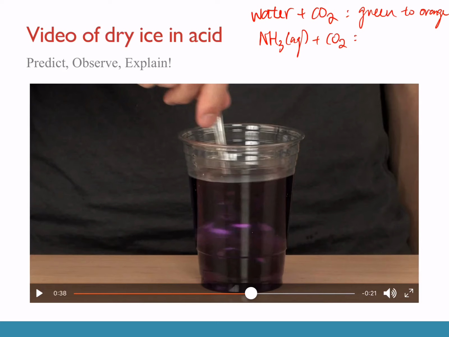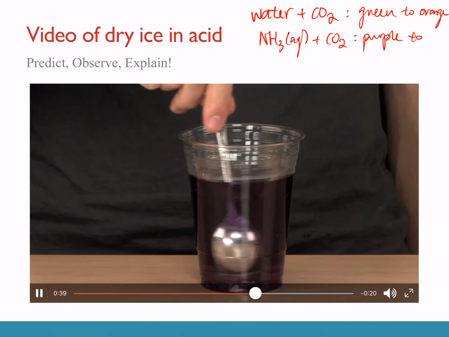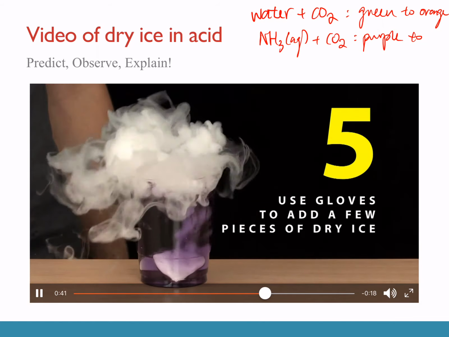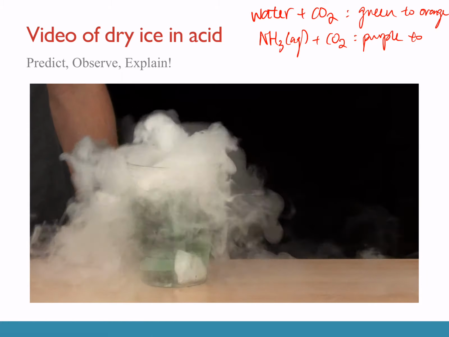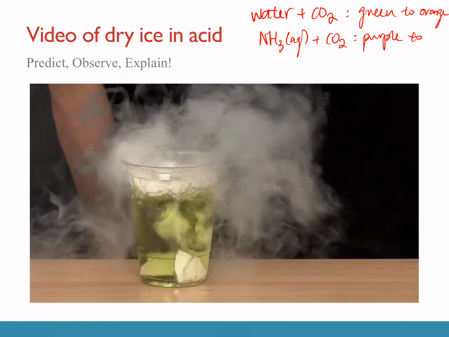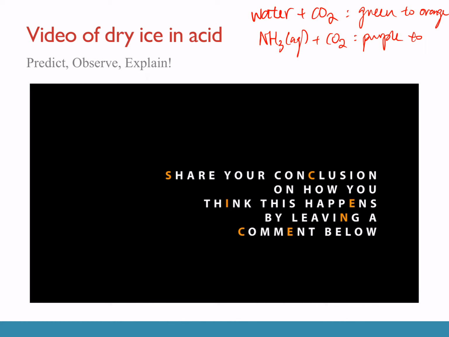Okay, so it should start from purple to, don't know what's the color yet. Okay, let's continue. Now you see, I add the dry ice. Oh, change to green, right? Change to green, yellow. Okay, we suddenly cut off the video. Okay, green. So we saw it until yellow.